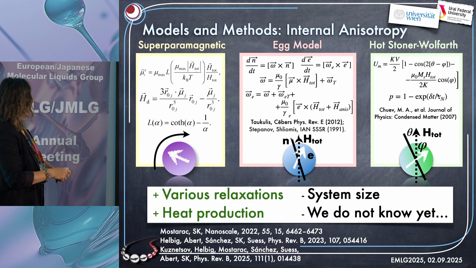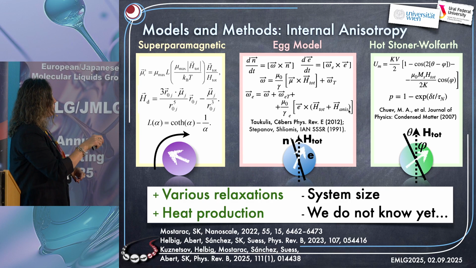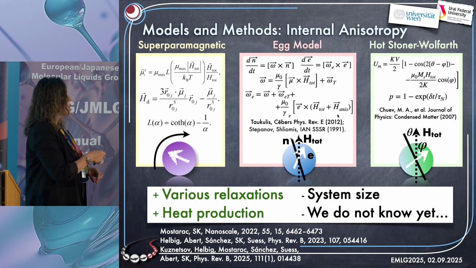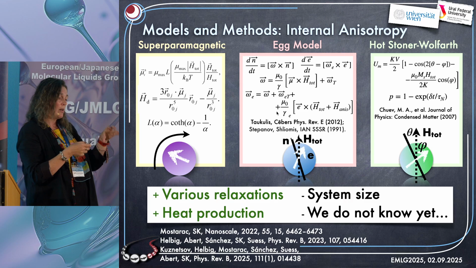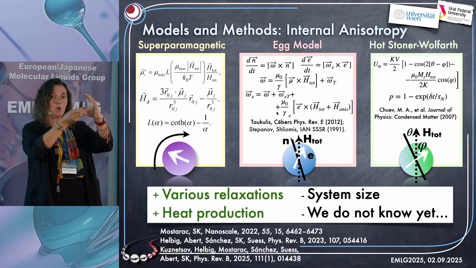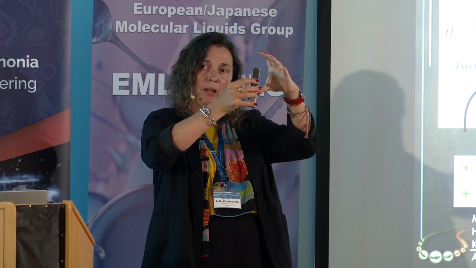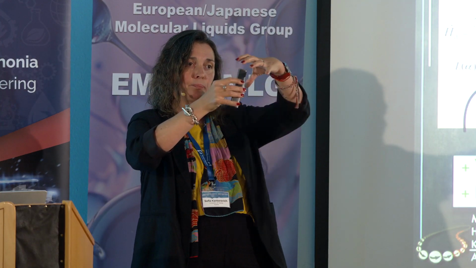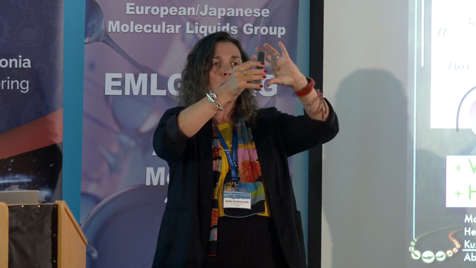For that, it took us several years of work, but we combined the solution of Brownian dynamics with a solution of the Landau-Lifshitz-Gilbert equation. So it's the so-called egg model. You model the dynamics of the magnetic moment that is connected by a spring to the whole particle. And that's why it looks like an egg, like a yolk, right?